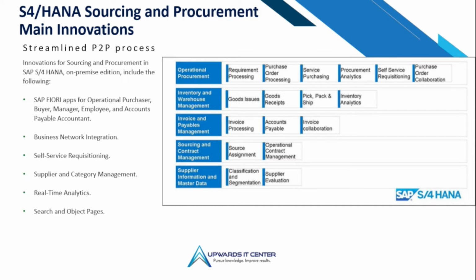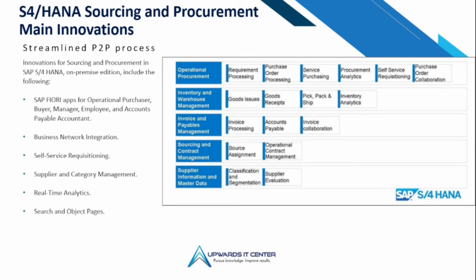The innovations for sourcing and procurement in SAP S/4HANA On-Premise Edition include the following: the SAP Fiori apps for operational purchasing, buyer, manager, employee, and accounts payable accounting; business network integration, that is a real integration for purchase order and invoice creation, creating the sourcing, contracting, all the documents that came from Ariba, from our vendors; self-service requisitioning, that's the catalog, where you can use catalogs for buying your products; and supplier and category management, with new categories used to separate your purchasing categories of materials that you are buying for analysis; and real-time analytics.